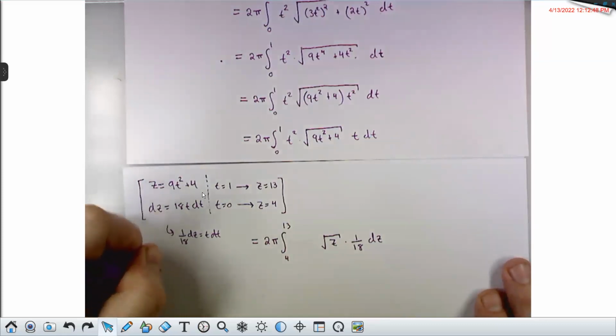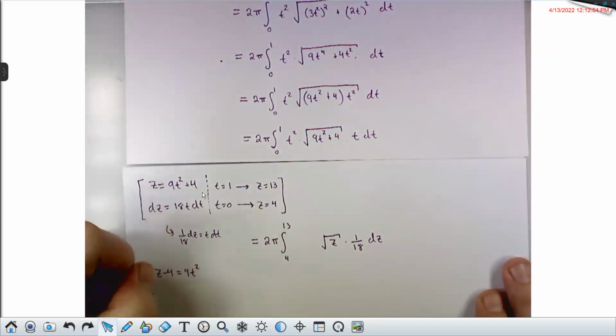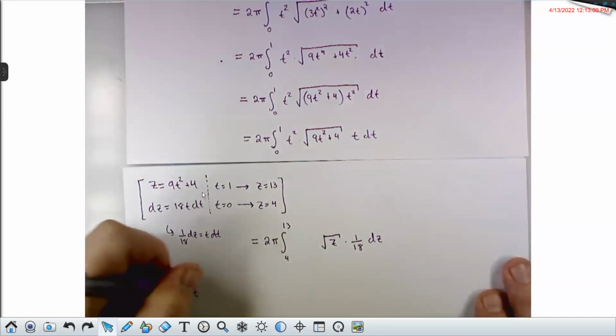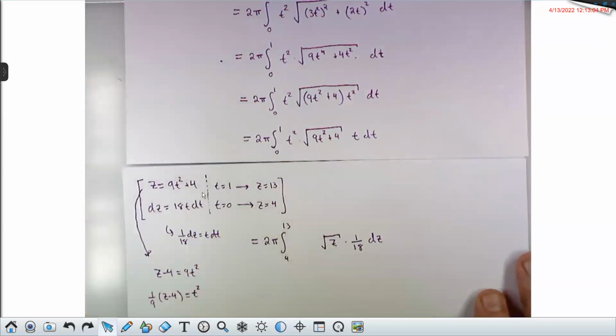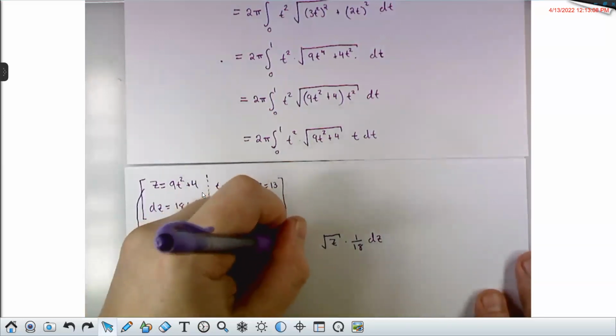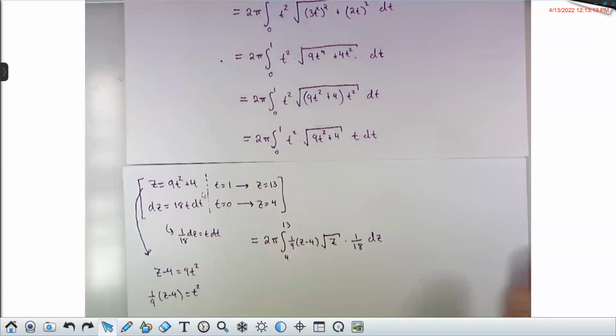So that means z minus 4 would be 9t squared, which means 1/9 times z minus 4 is t squared, and this is coming from here. So this piece will be 1/9 times z minus 4. And that is the substitution.